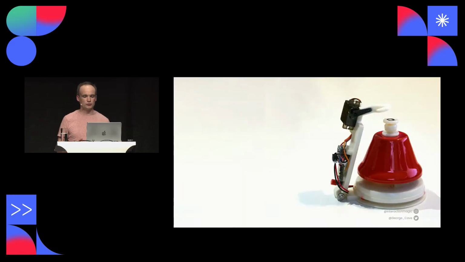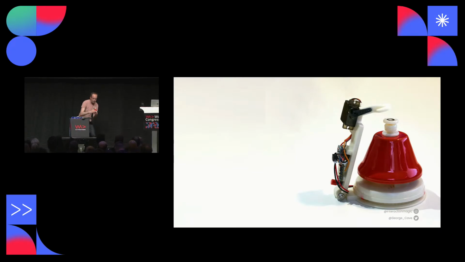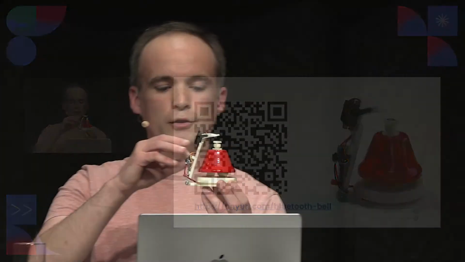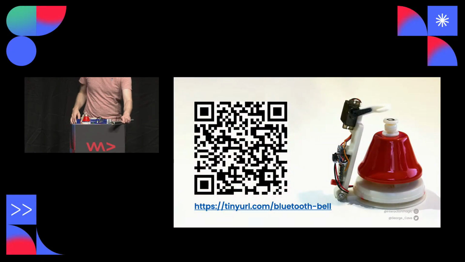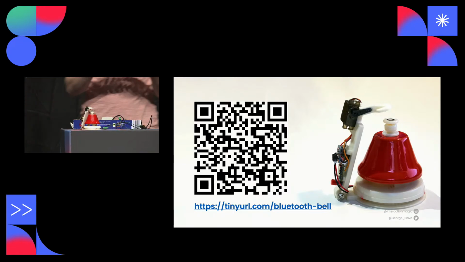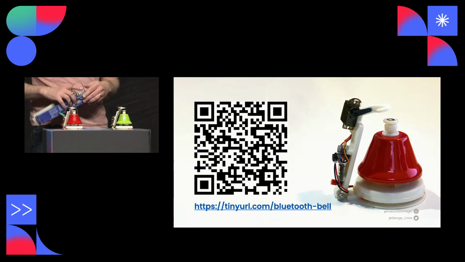And I'm going to demonstrate this right now. I brought a couple of things I prepared with me. I've got a small bell here, and if you've got an Android phone, you can scan this QR code, or a Chrome laptop, and you can connect to this, and the first person will be able to connect to and control this bell. I've got two of them, so one will be bell green and bell red.